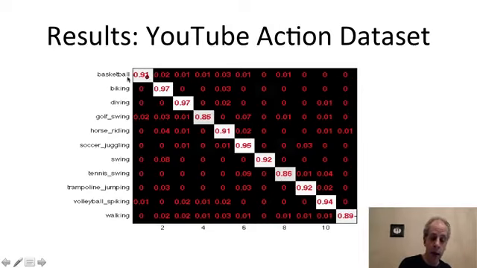So 91 here means that 91% of the videos of basketball were correctly classified. Now, about 2% of the basketball videos were classified as class 2. Class 2 is biking. And then 1% were classified as class 8, so you look for class 8. So that's a confusion matrix.